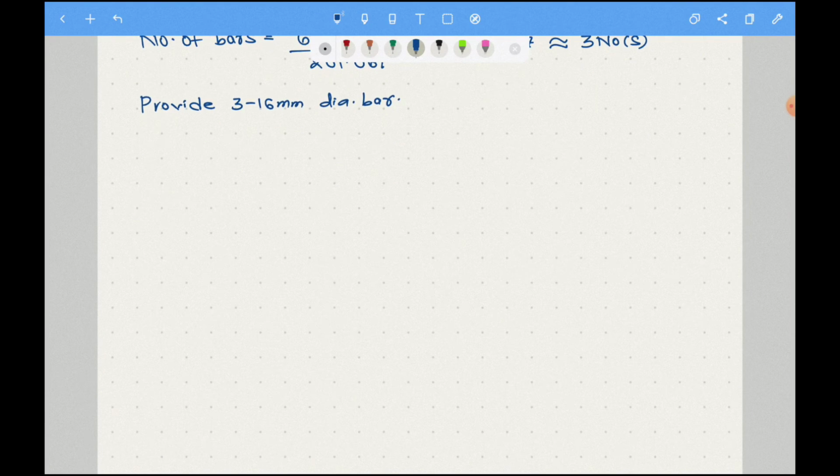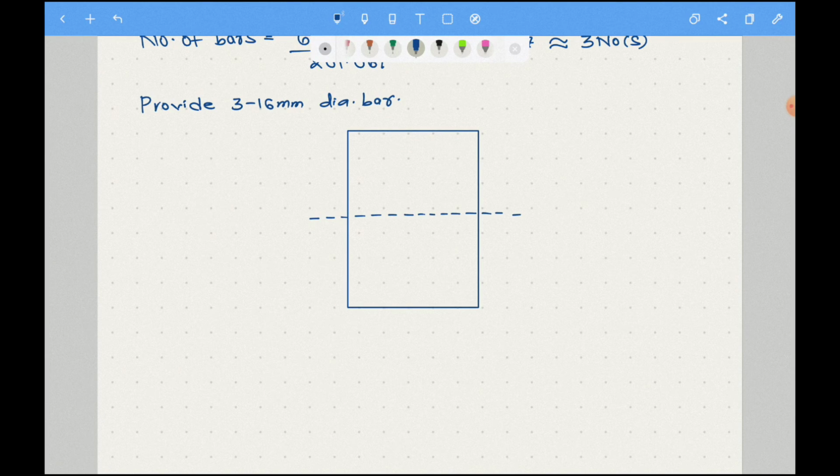Now let us draw this beam section. This should be our neutral axis. Here I will provide the reinforcement. This is our center of reinforcement. And all three are 16 mm diameter.